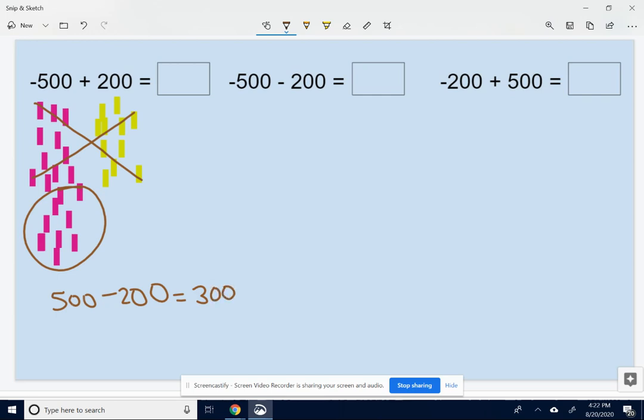The red pile is 300 tiles bigger, and the reds win. So it's negative 300. Even without actually putting all the tiles together, I know that the reds win, and they win by 300 pieces.